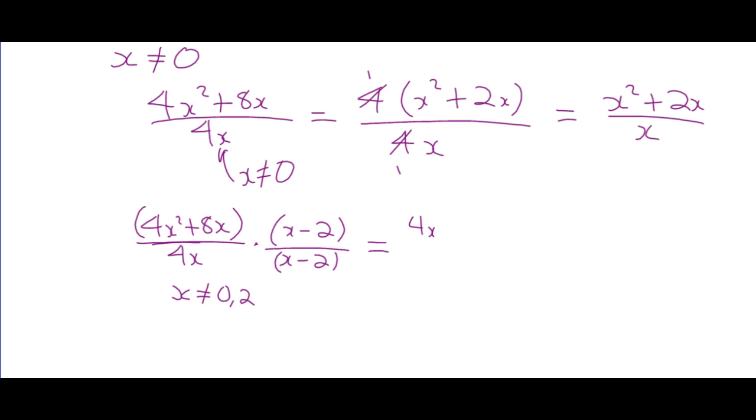We're going to get 4x cubed minus 8x squared plus 8x squared minus 16x over 4x squared minus 8x. FOIL: first, outer, inner, last.